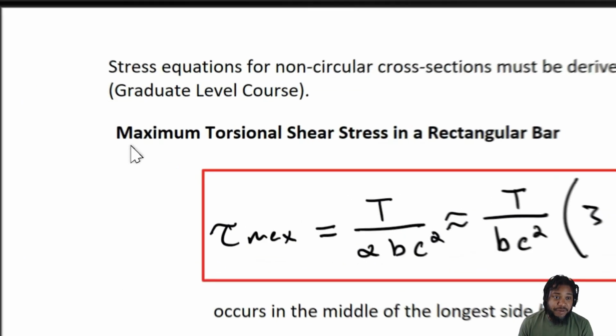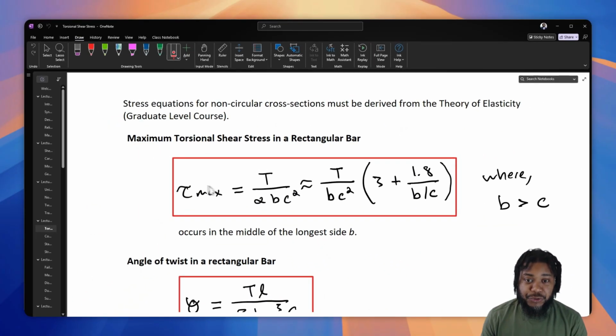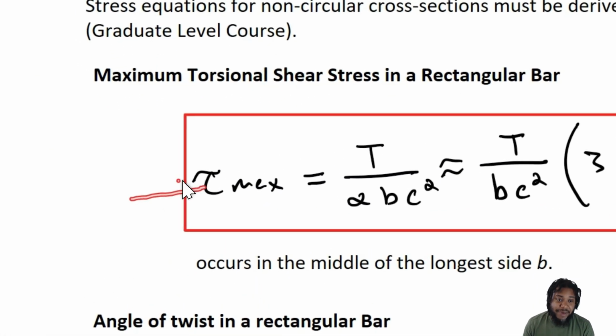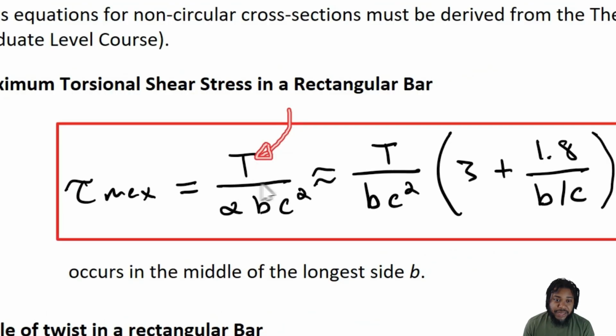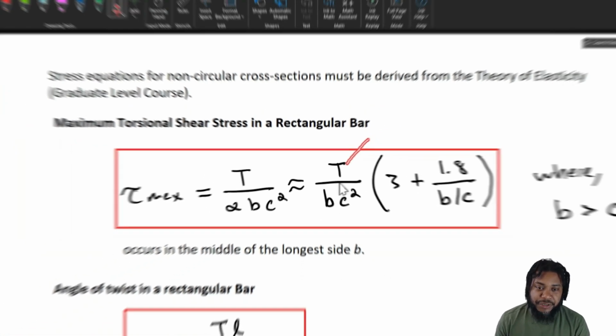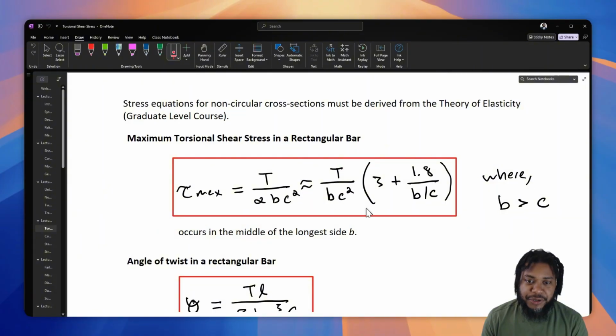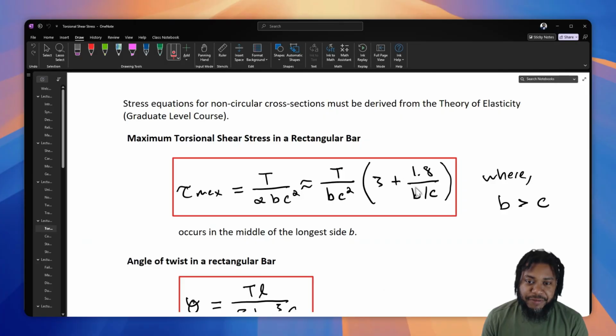Here's one of the expressions, the maximum torsional shear stress in a rectangular bar. So this is a simplification where tau max for a rectangular bar is equal to the torque divided by a parameter alpha times b times c squared, where b and c are the dimensions of our rectangle, which is approximately also equal to the torque divided by b times c squared, with, in brackets, 3 plus 1.8 divided by b over c, right?